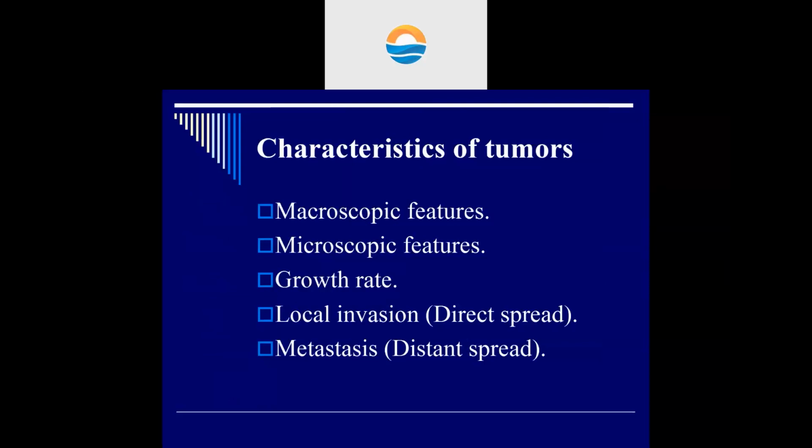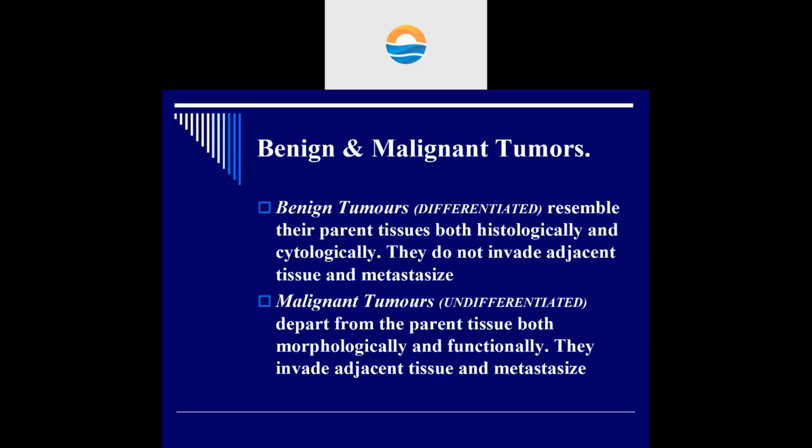So various tumors have macroscopic features, microscopic features, growth rate, and local invasion, direct spread, or metastasis, distant spread. We divide all tumors into benign and malignant tumor categories. Benign tumors we also call differentiated. So they are the pure tumors.